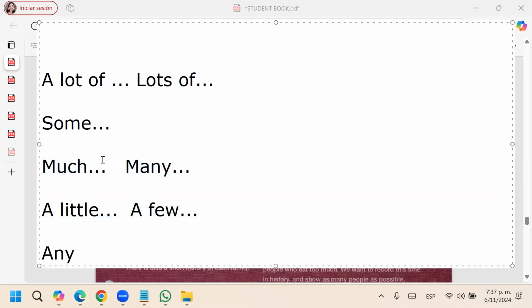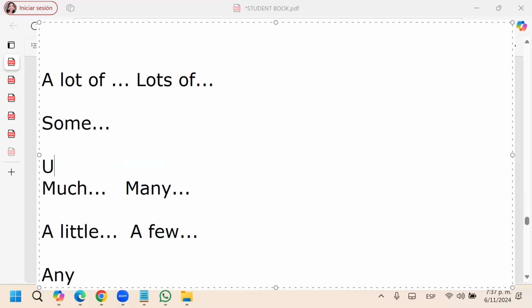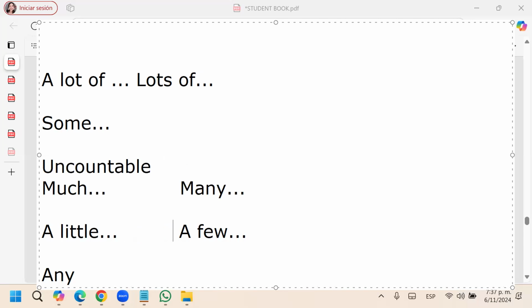Much is for uncountable. Many, ya los voy a poner en silencio para que me escuchen todos. Cuando se consigan con much o a little, eso es para uncountable. Cuando se consigan con many or a few, here, many, a few, that's for countable nouns, okay?